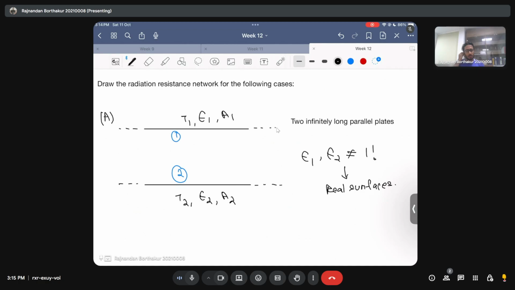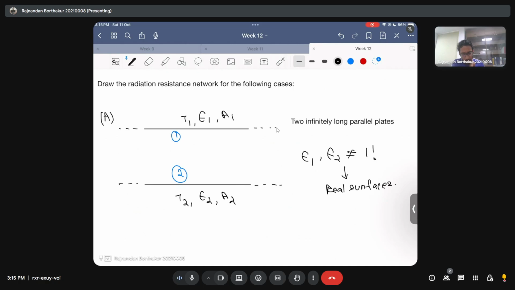Because ultimately we have now demonstrated that the net radiation exchange is nothing but the difference between the emissive power nodes divided by the net resistance. So it ultimately boils down to calculating the resistance network, which will then give you the net radiation exchange between the two bodies. Okay.